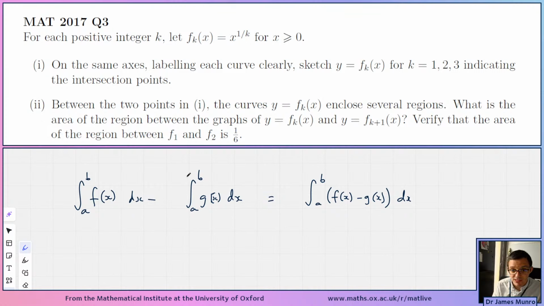So to prove this, I would say that this second one here is the same thing as integrating negative g(x). This minus sign, you could bring it inside the integral. You can move constant numbers inside or outside the integral. That's just something you can do.